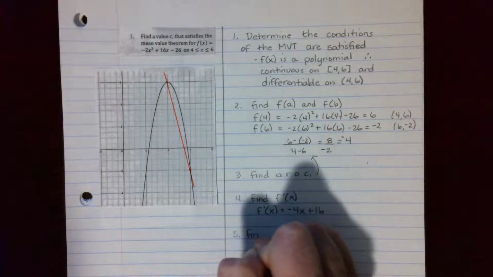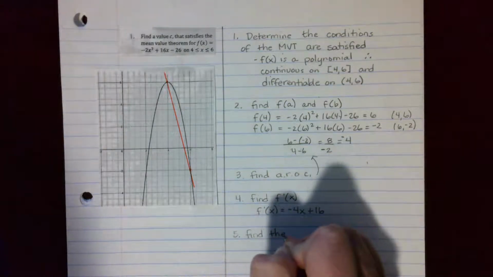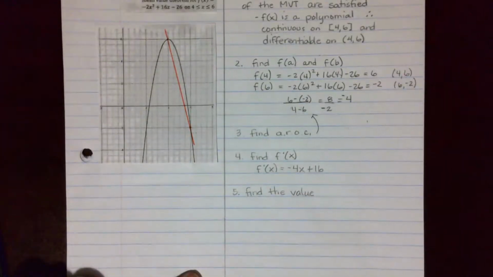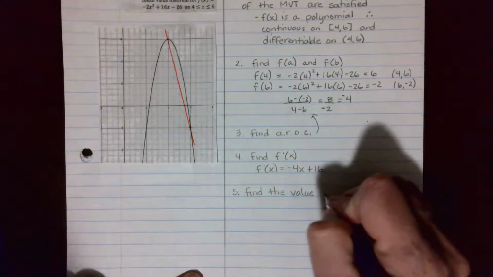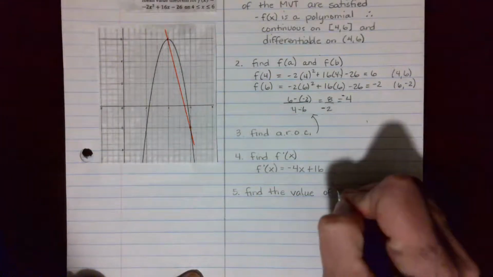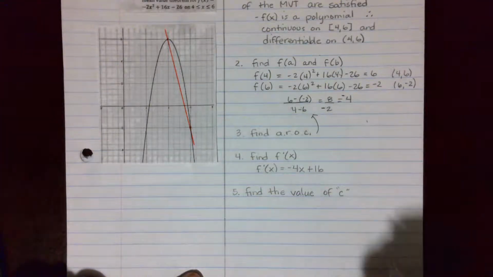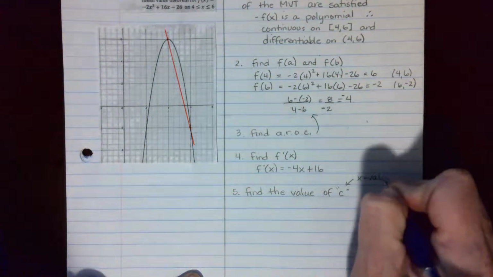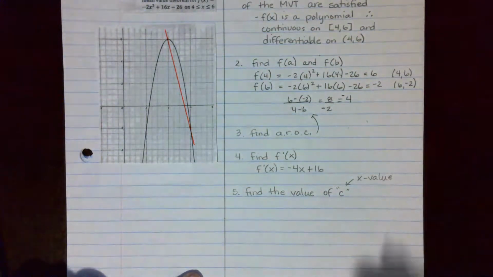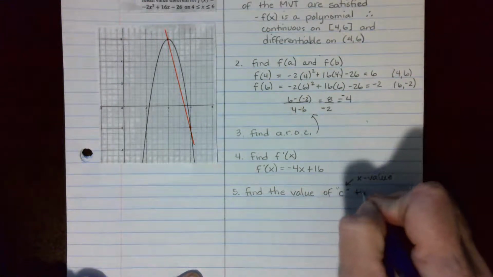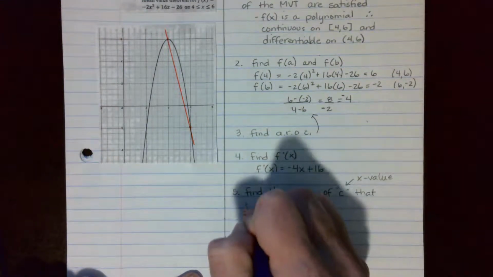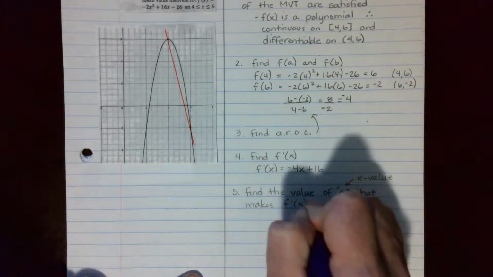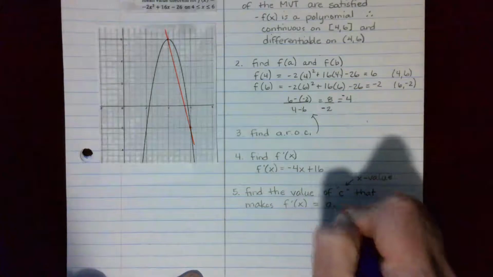We're going to find the value, and that value of c, which is just an x value, that makes f prime of x equal to the average rate of change.